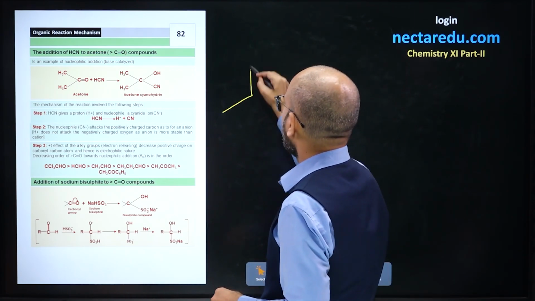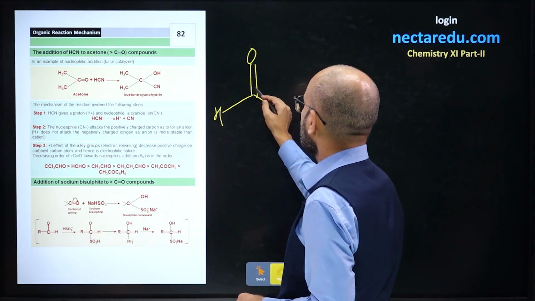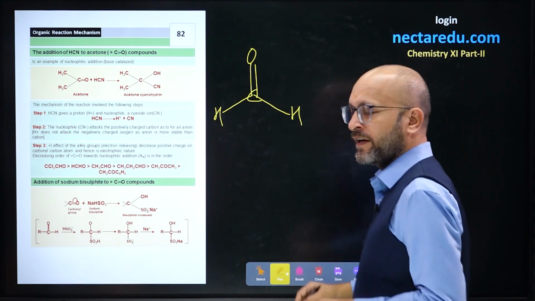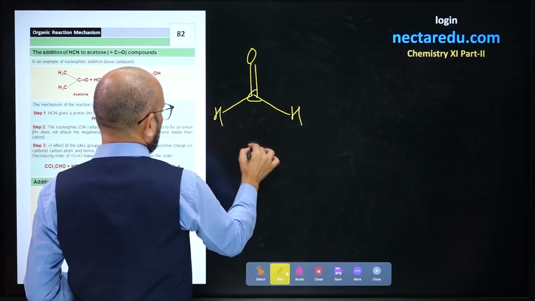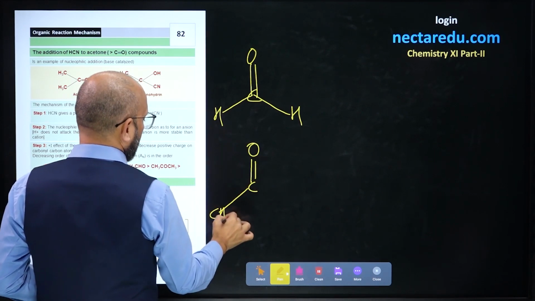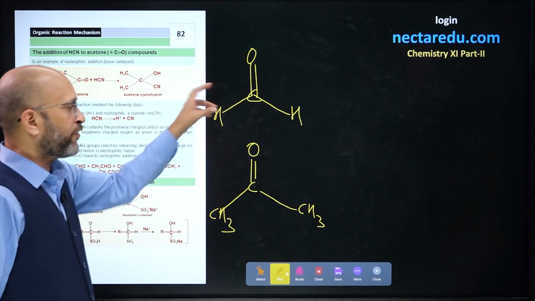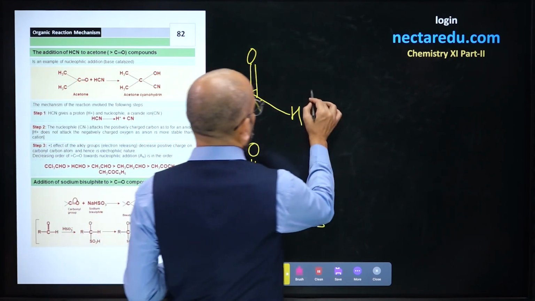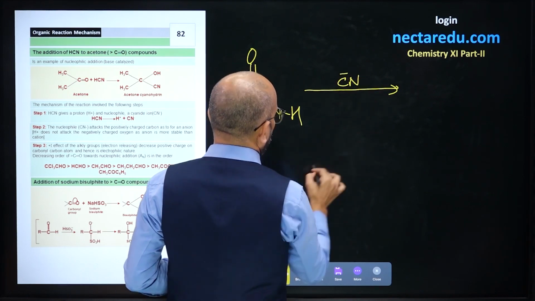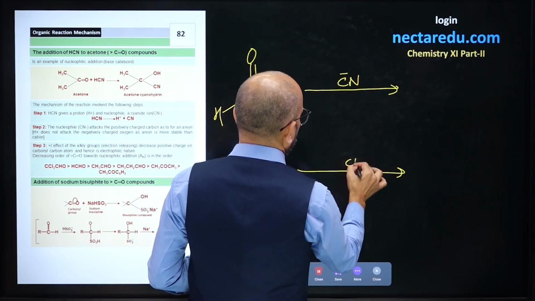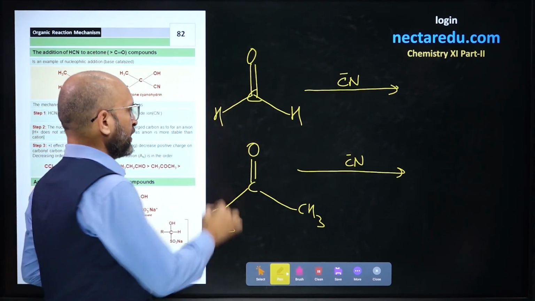I have a compound, let's say formaldehyde, HCHO, and we have another compound where a ketone is present, acetone. We have taken acetone and formaldehyde. Now if I have to see where nucleophilic addition will be preferred, you can easily find out.